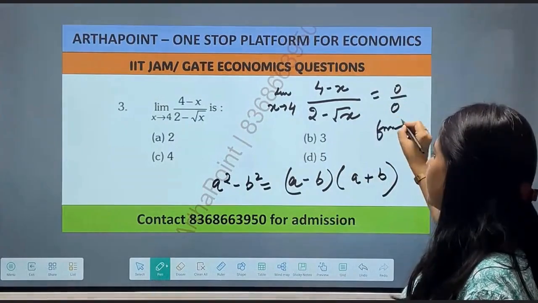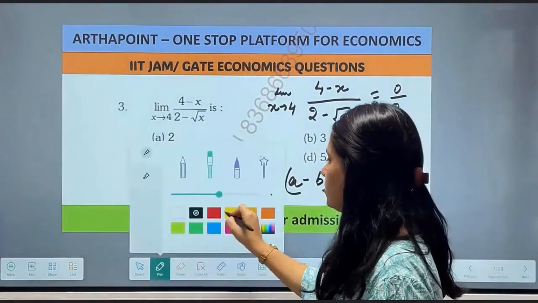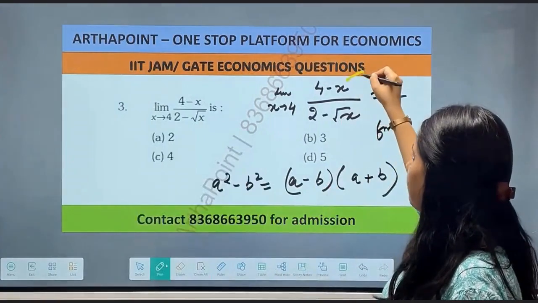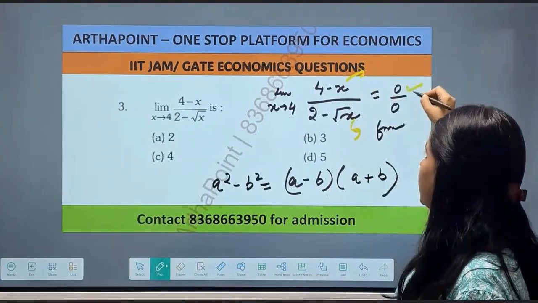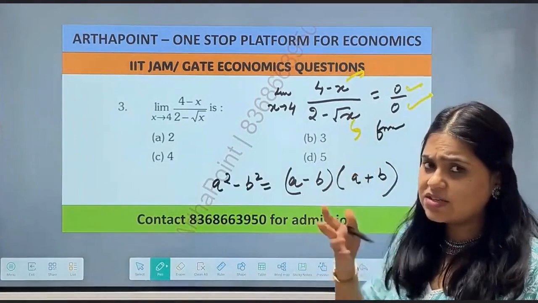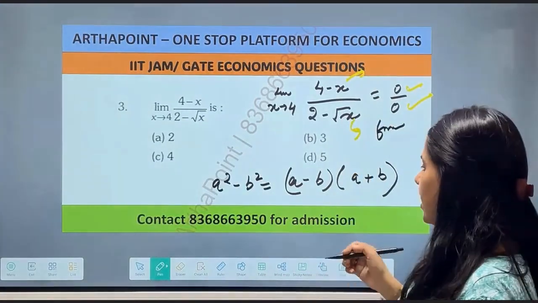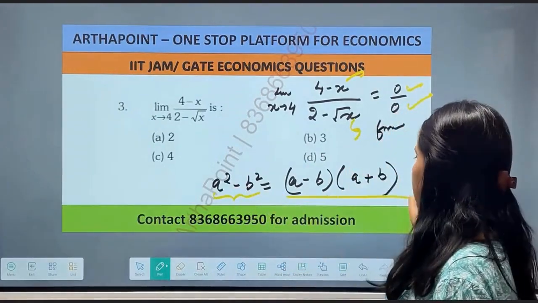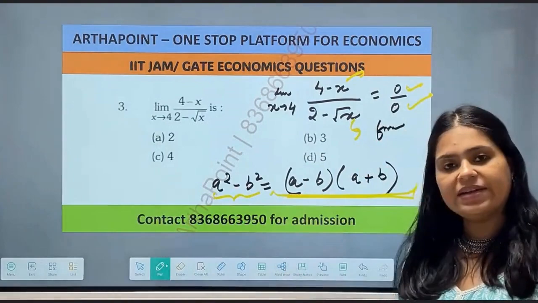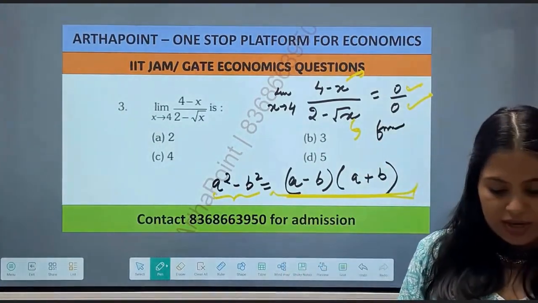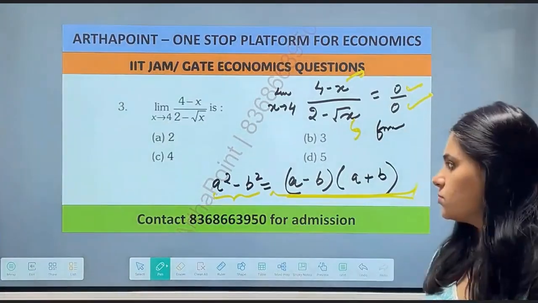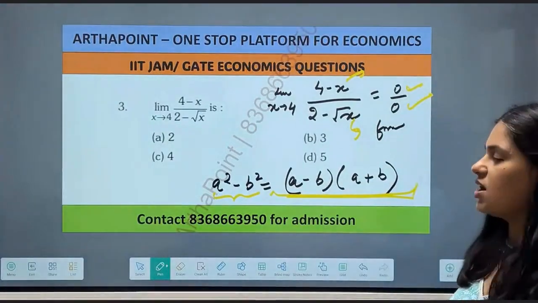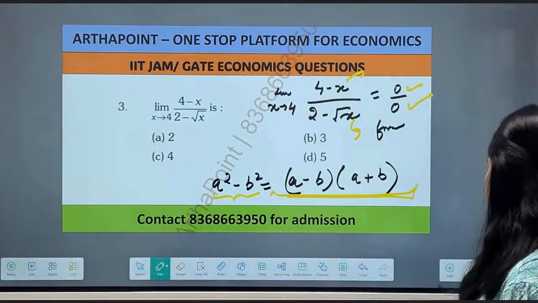If you directly put 4 in place of x here and here, you will get 0 by 0 form. That is not right. So you should try and use a square minus b square, which is nothing but (a minus b) into (a plus b), and try to solve this. So let me know what the answer should be. Okay. So you are saying answer should be 4. Let's see if that's correct.